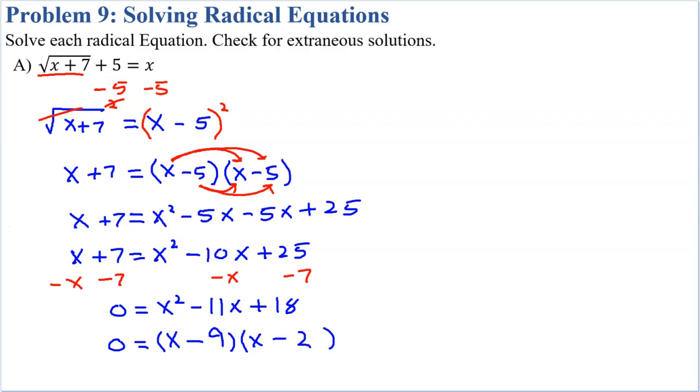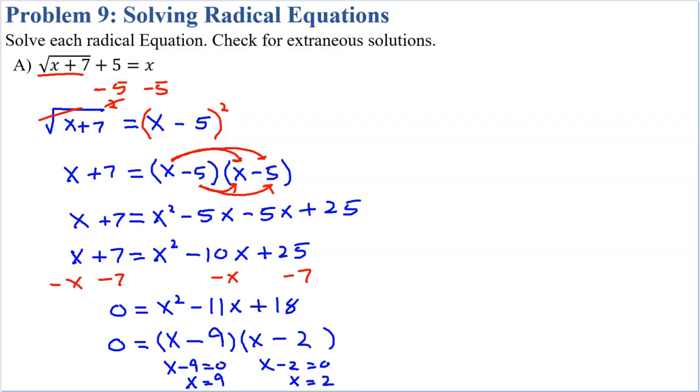Once we have things factored, I can just set each of those factors equal to 0. I can say that x minus 9 equals 0 means that x is just equal to 9. And then also that when x minus 2 is equal to 0, that means that x is equal to 2 here. So two potential solutions.